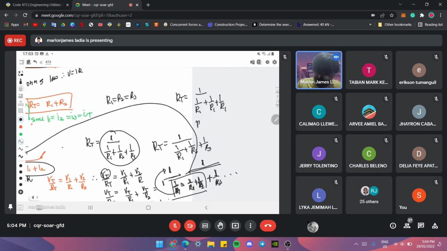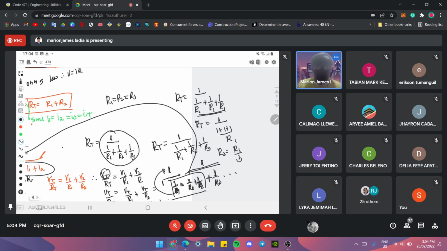Pare-parehas yung denominator mo. Mathematically, it is equal to 1 plus 1 plus 1 all over R1. So therefore, R total is equal to R1 all over 3.